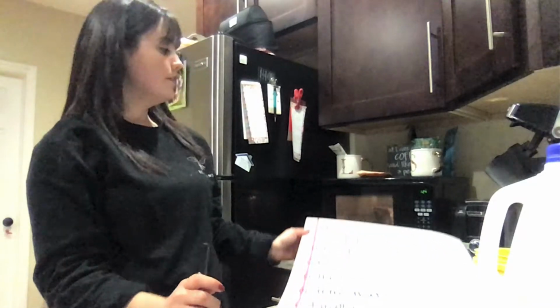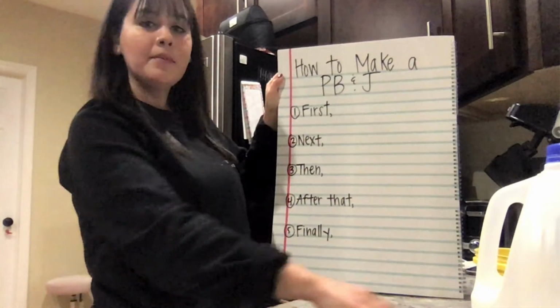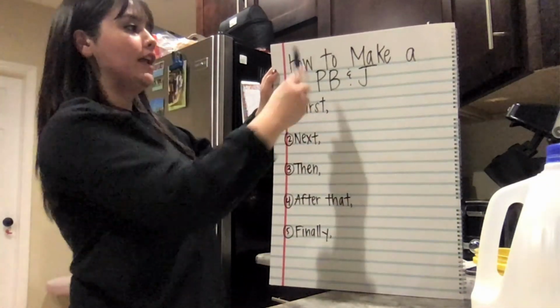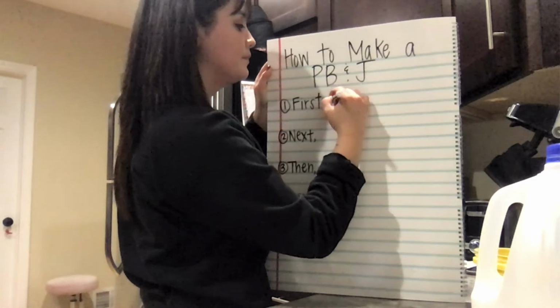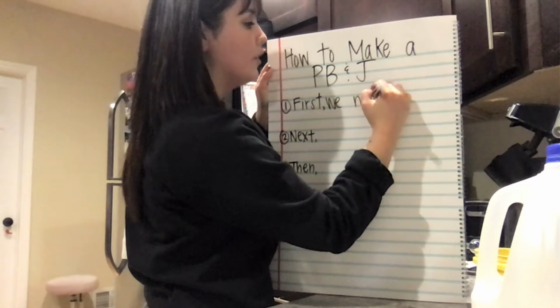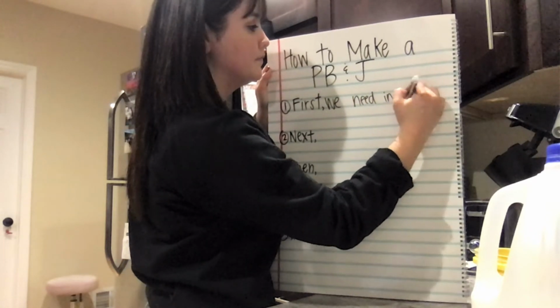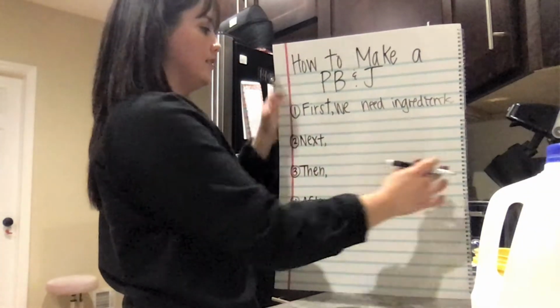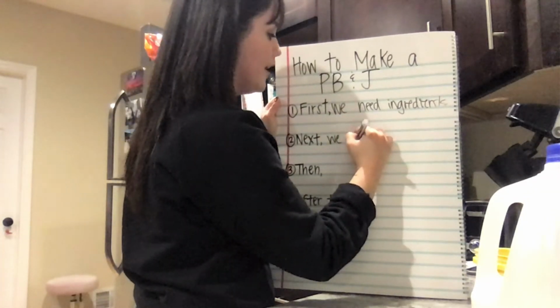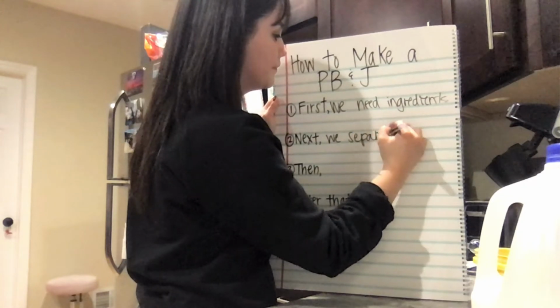So let's just review really quick how we made our PB&J. Whenever we make our PB&J, first we need ingredients. Next, we separate bread.